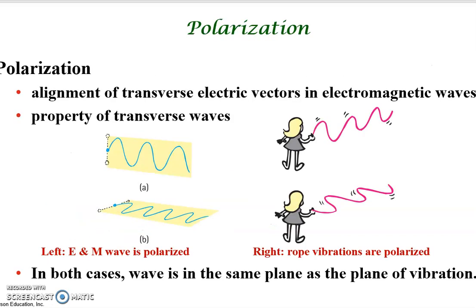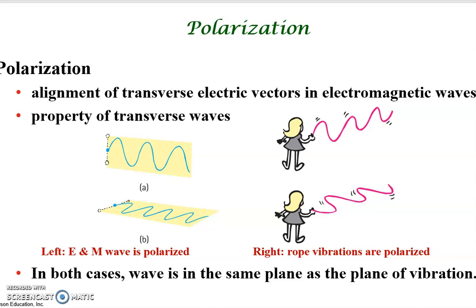Now let's study the last topic for chapter 11. It is about polarization. What is polarization? Let me use the electromagnetic wave as an example. We know that when the electric field oscillates, or you can understand it in terms of an electric charge oscillating, it will produce an EM wave.